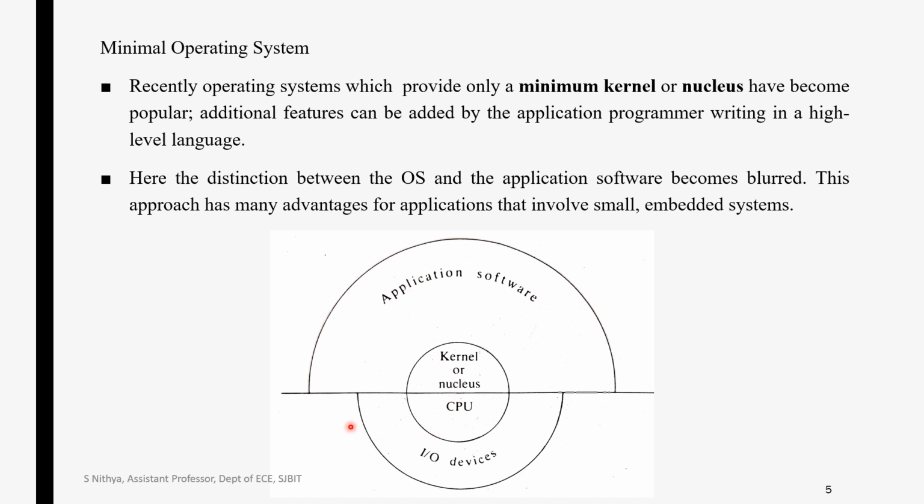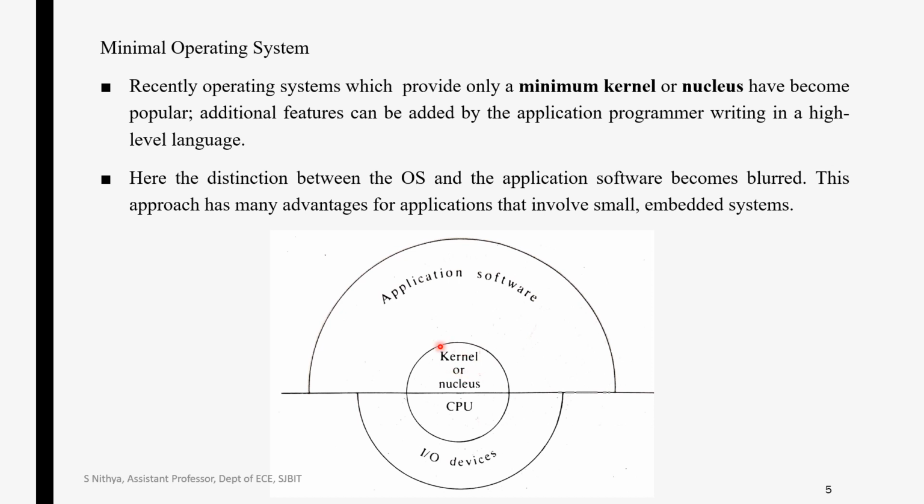If you can see in this diagram, there is a differentiation between the hardware and software. In hardware there will be a CPU and also input output devices. In software you can see everything is an application software. So there is no differentiation between the application software and the operating system. And kernel nucleus systems are there.